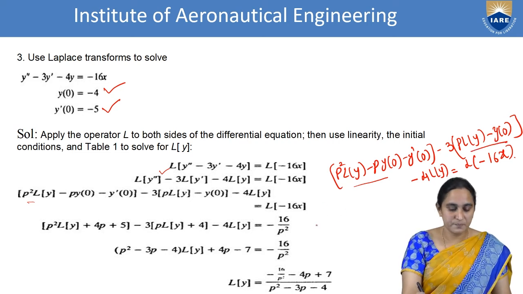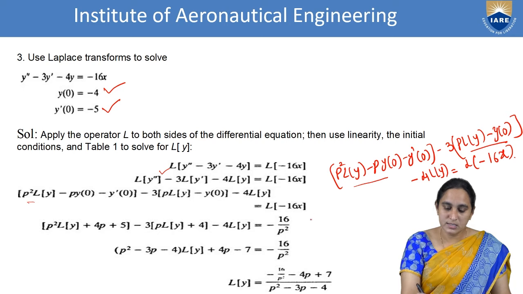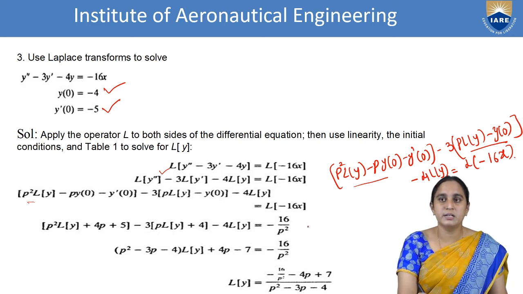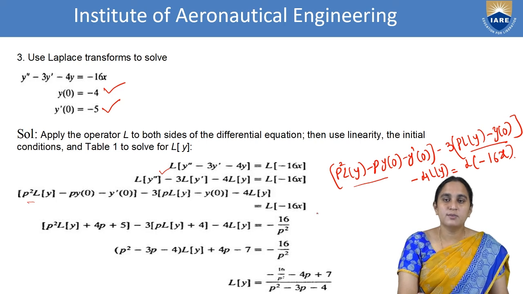Next, now I'm substituting the initial conditions. What are the initial conditions here? y of 0 is equal to minus 4 and y dash of 0 is equal to minus 5.